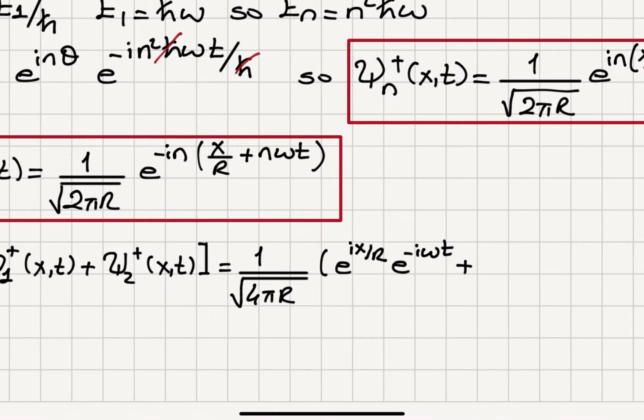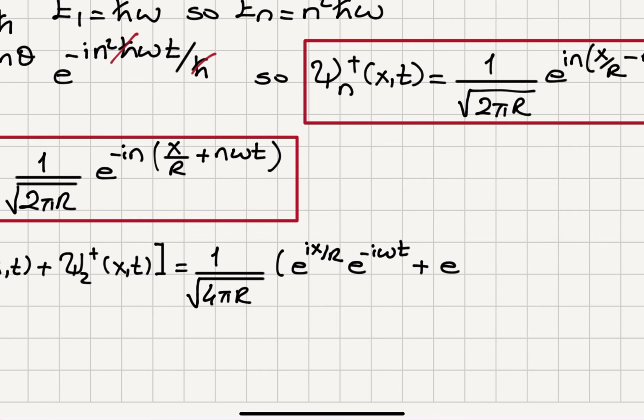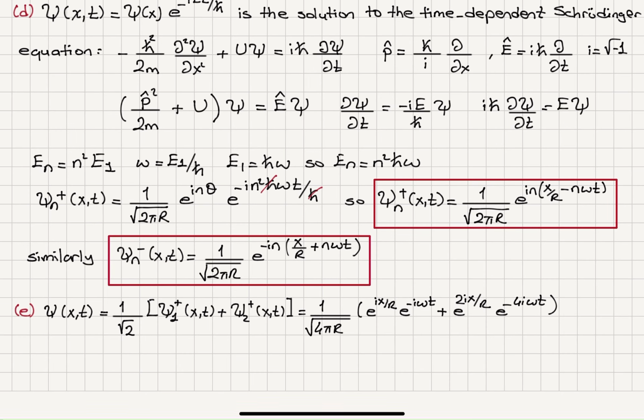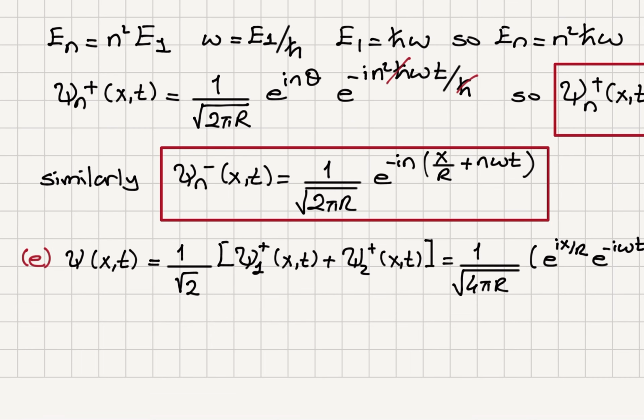And for n equals 2, we have e to the i 2x over R, and then e to the minus 4i omega t, because we have n squared here. So that's in general the linear combination of the two solutions.